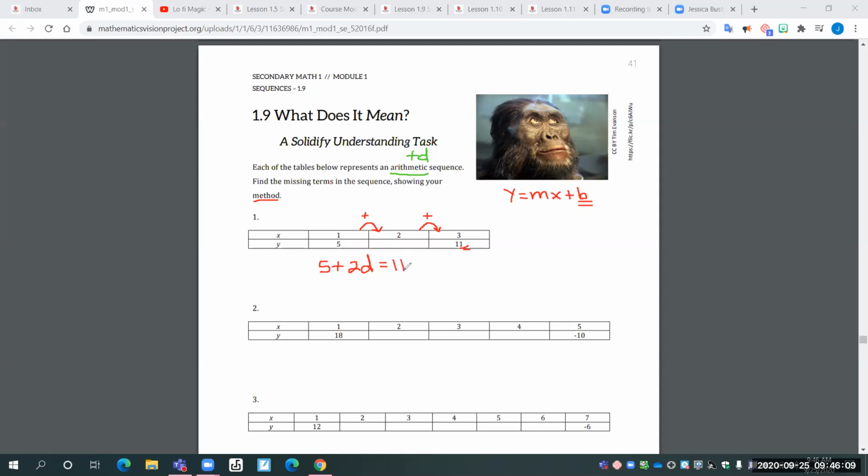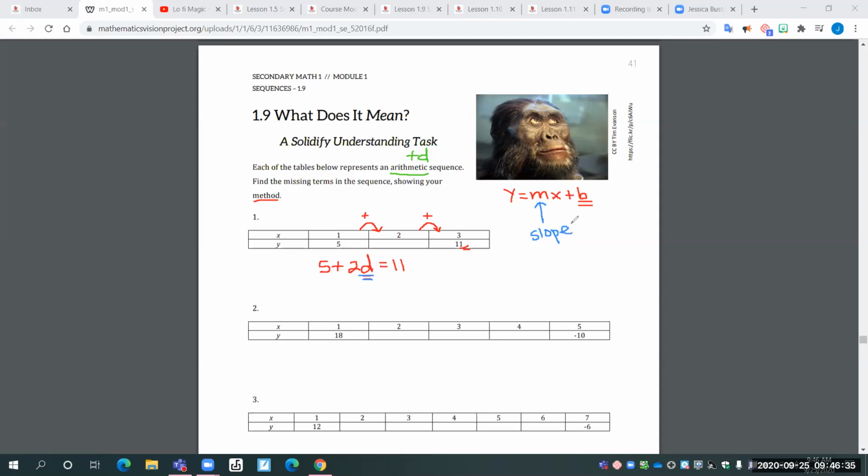Now, this d in our linear equation is the same thing as m. The common difference is the slope. They're the same thing. It's our rate of change, the slope.